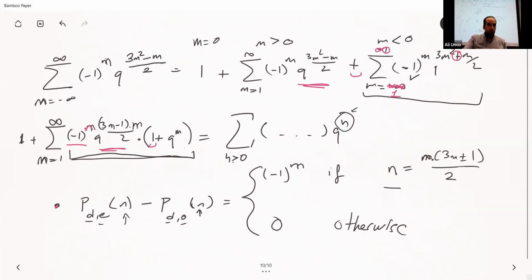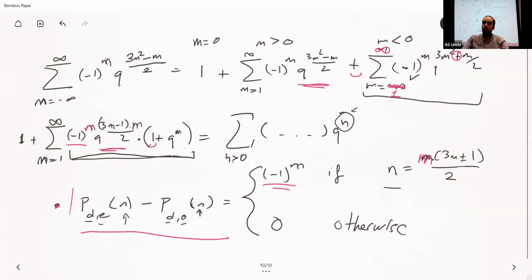After all, what we get is, whenever you see a difference between distinct partitions into an even number of parts and distinct partitions into an odd number of parts, you can directly find what the weight is, whether you're going to get a +1 or a -1, using just this. Find an m: is there an m where you can represent the number that you're partitioning as m times 3m plus or minus 1 divided by 2?